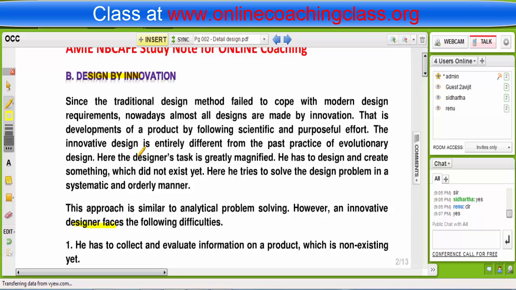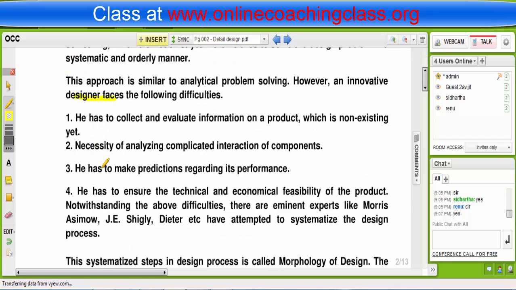Now see the problem or difficulty faced by the designer in the innovative designing process. What are those? One is he has to collect and evaluate information on a product which is not existing yet. Necessity of analyzing complicated interaction of components. He has to make predictions regarding its performance.